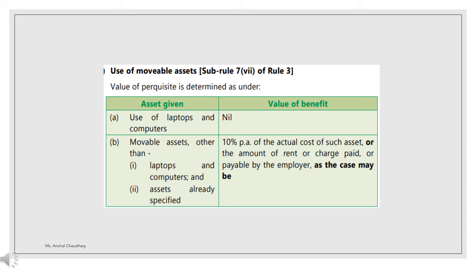So the value of benefit will be nil. If the movable asset is other than laptops and computers and assets already specified, then 10% per annum of the actual cost of such assets, or the amount of rent or charge paid or payable by the employer, as the case may be.